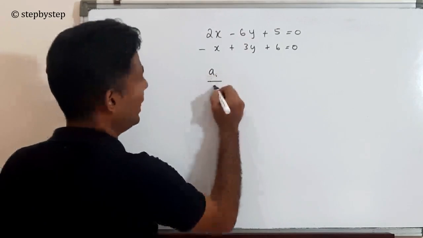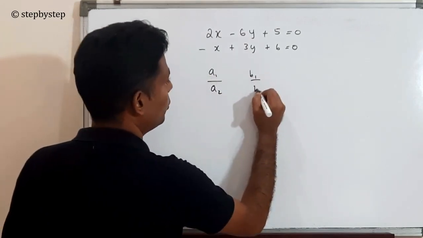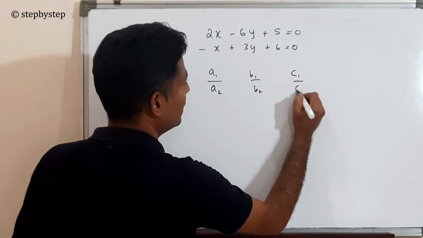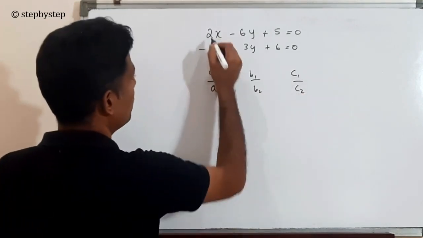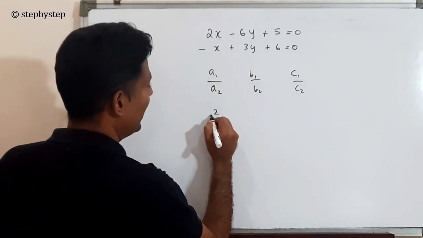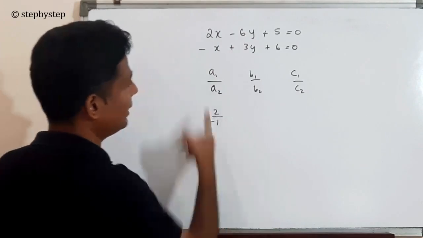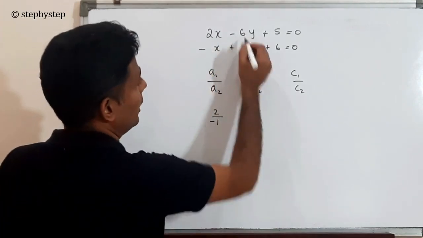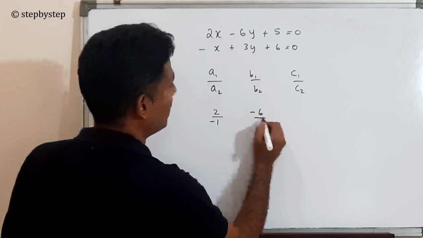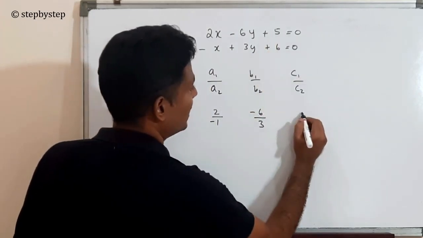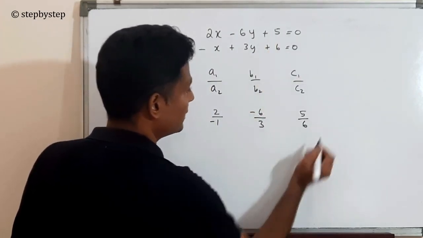We have to find a1 by a2, b1 by b2 and c1 by c2. So a1 by a2 is 2 by minus 1, and b1 by b2 becomes minus 6 by 3, and c1 by c2 becomes 5 by 6.